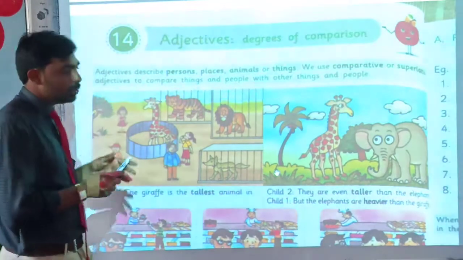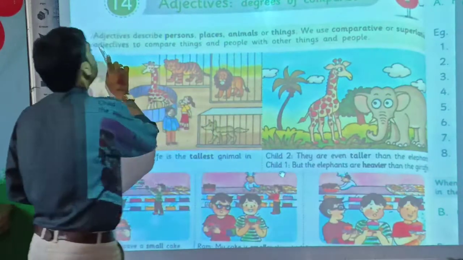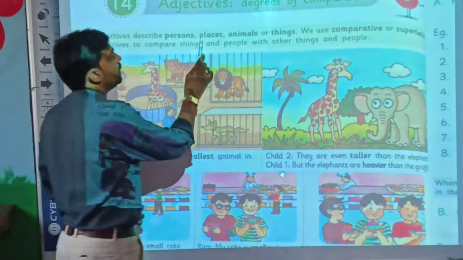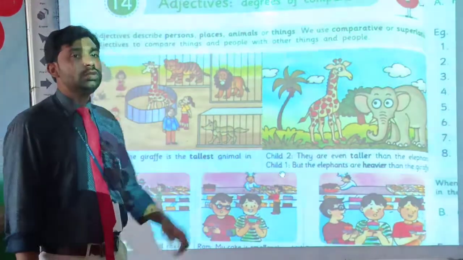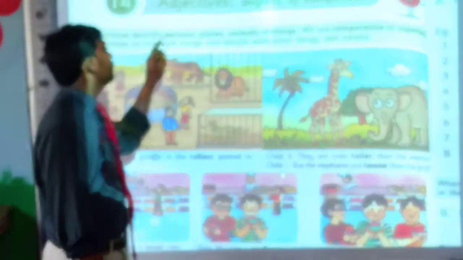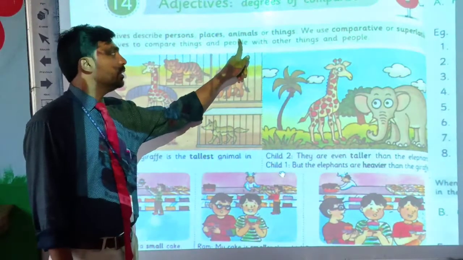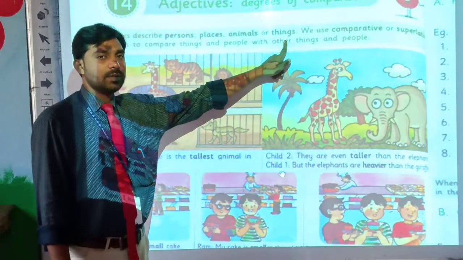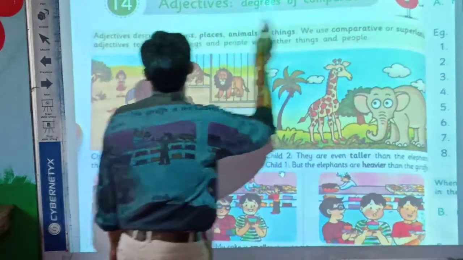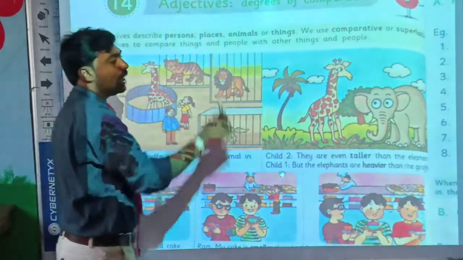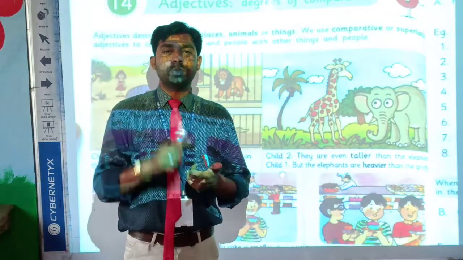Let's see what is given here on this page. Adjectives describe persons, places, animals or things. So where do we use adjectives? We use adjectives to describe persons, meaning people, places, animals or things. We use comparative or superlative adjectives. These are the forms of adjectives: comparative adjectives and superlative adjectives.